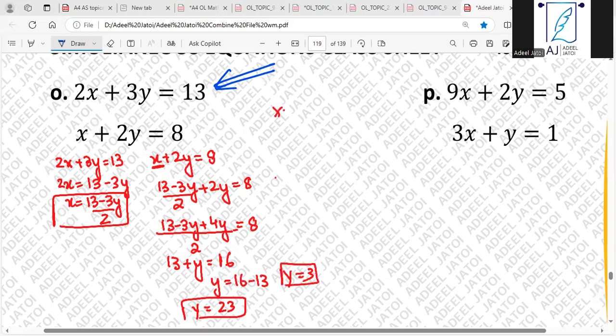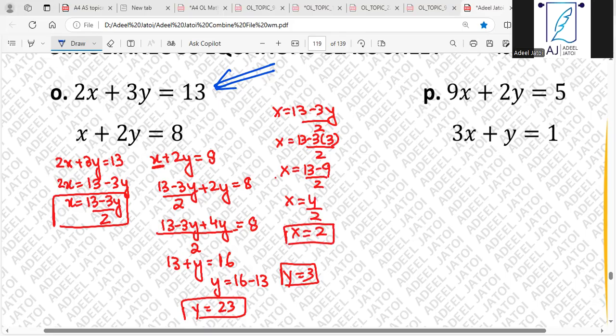On the other hand, your x is 13 minus 3y upon 2. x is 13 minus 3 times 3 upon 2. x becomes 13 minus 9 upon 2. x becomes 4 upon 2. So x is what? 2. So x is 2 and y is 3 are the two answers for part O.